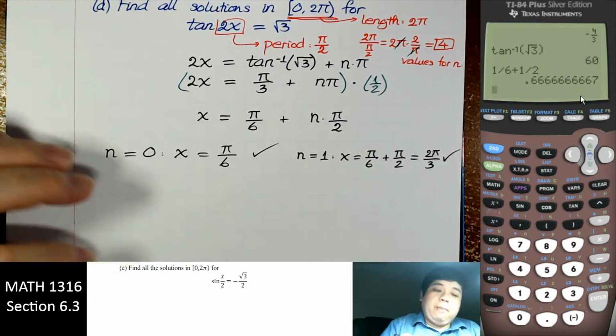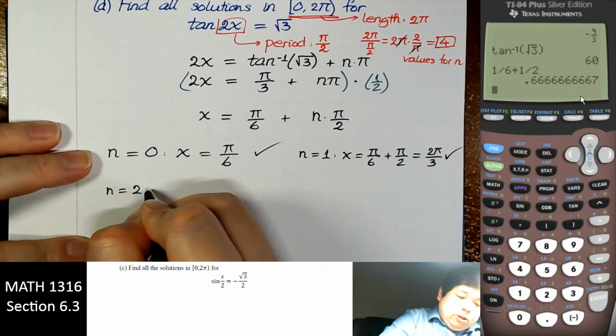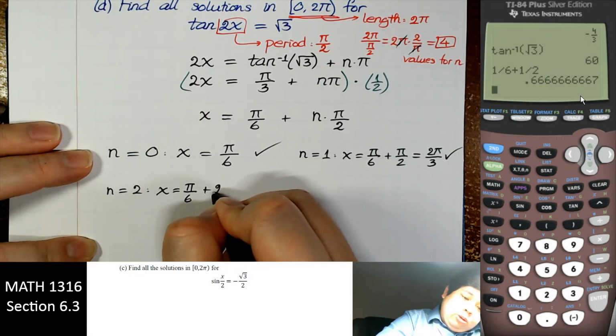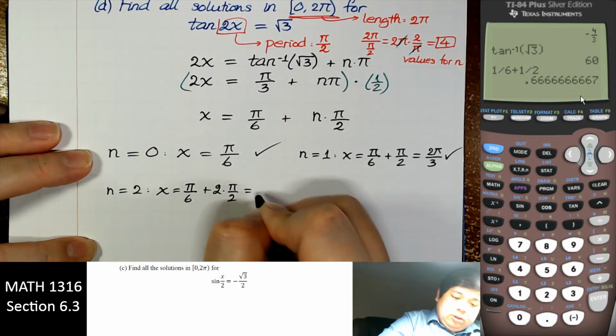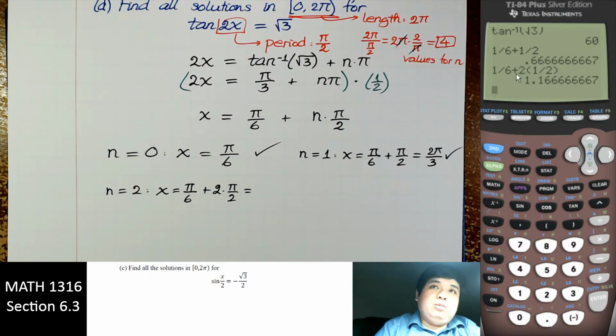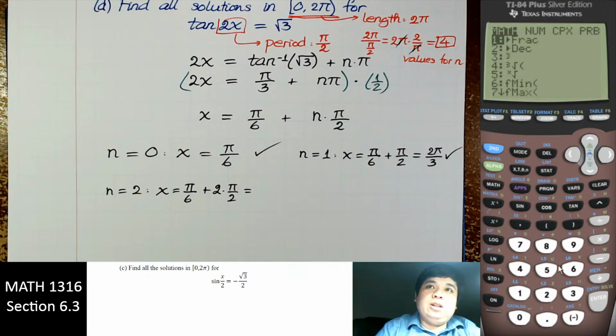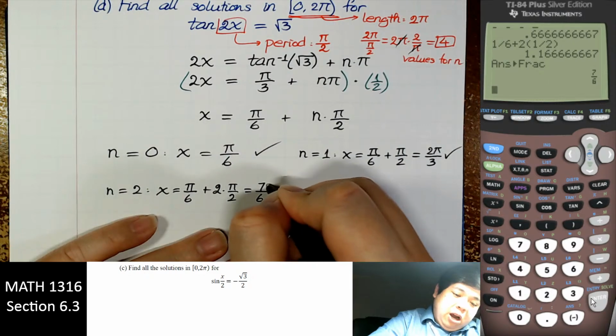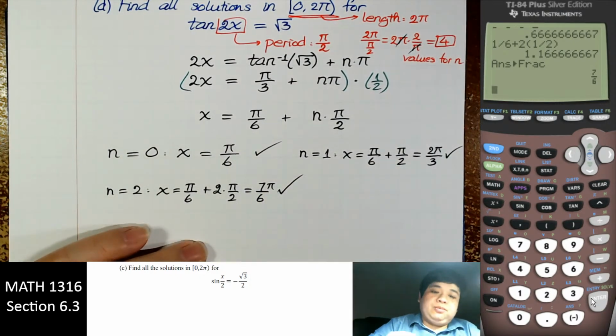Which is good. N equal to 2, pi over 6 plus 2 times pi over 2. 1 over 6 plus 2 times 1 over 2. It looks silly typing like that, but we'll see. So that's still between 0 and 2 pi, which is good. 7 over 6, stick a pi to it, and that is good.